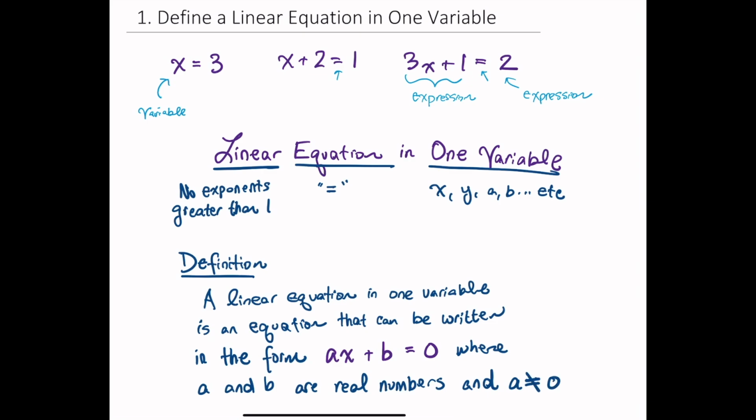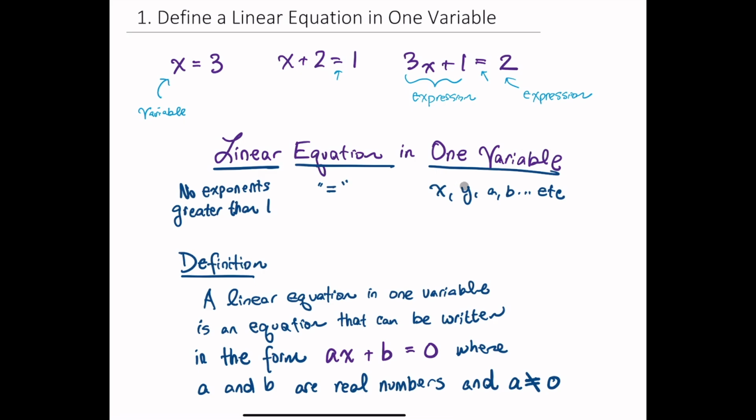So this ax plus b equals 0 is a general form where a could be any particular number, b could be any particular number, but we have this extra condition that a cannot be equal to 0. Because if a was equal to 0, it would multiply with the x and basically delete it, and we would end up with just b equals 0. So it would no longer be a linear equation in one variable.